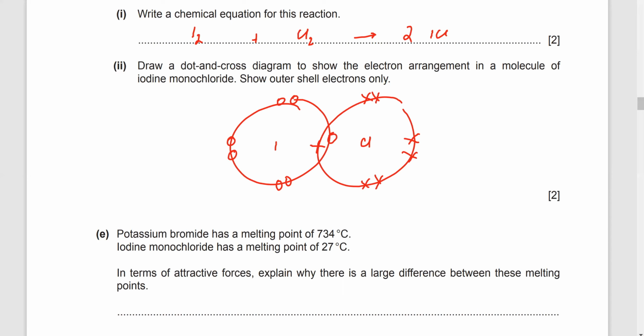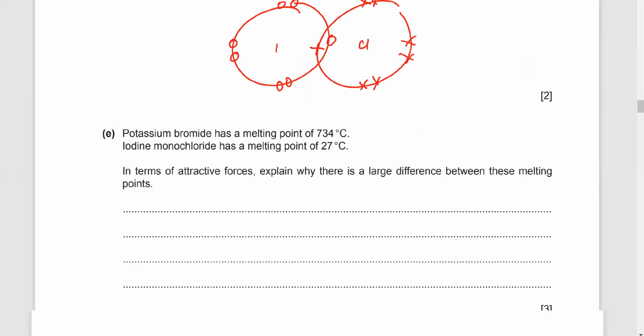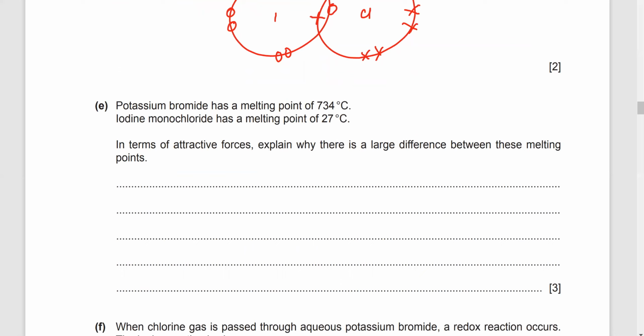And then in terms of attractive forces, why is there a large difference between the melting points of potassium bromide and iodine monochloride? Now the first one is ionic. Ionic compounds form a lattice of positive ions and negative ions, so the attraction is between positive and negative, potassium +1, Br -1, right?